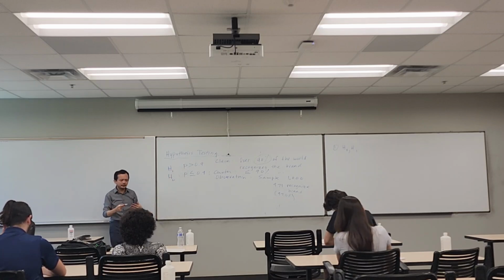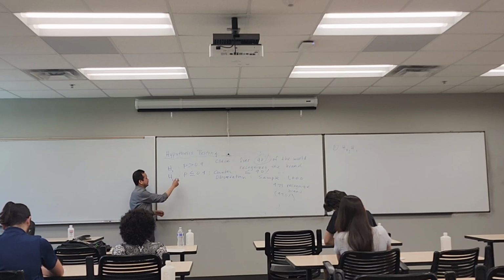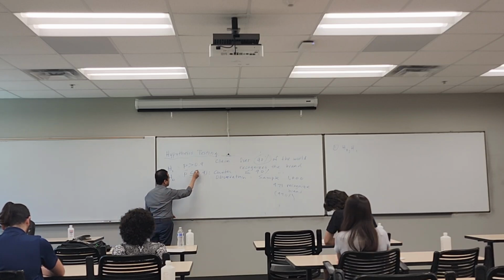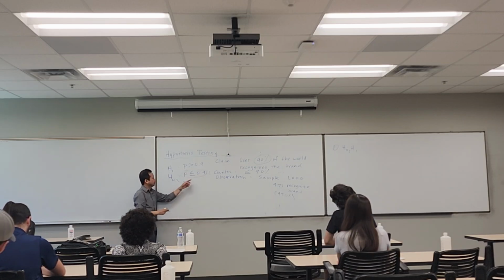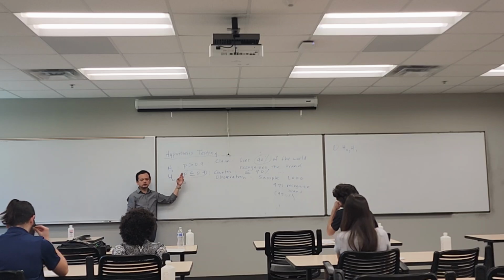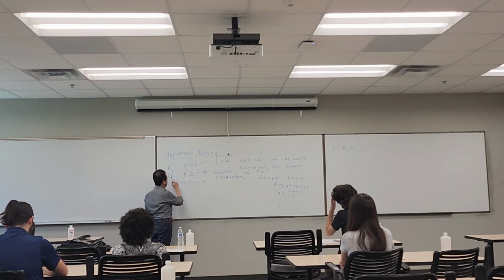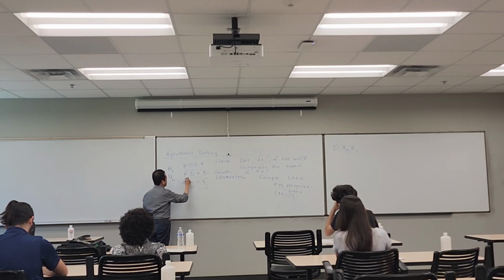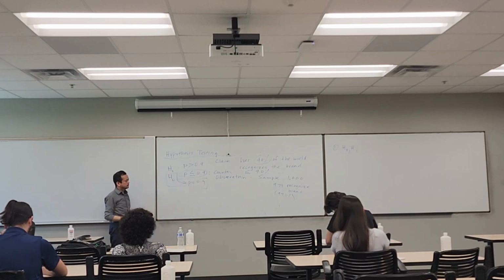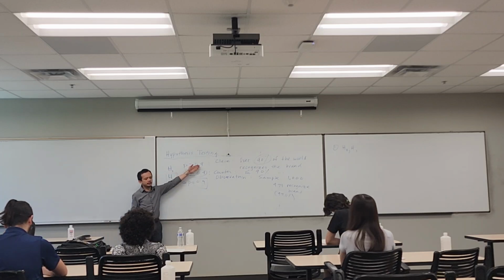But technically speaking, we said that H0 is only the equal sign, so you take this statement and remove everything except for the equal sign, so it'll just be p equals 0.9. So the null hypothesis itself is p equals 0.9. And then the alternative hypothesis is the entire other statement, which is p greater than 0.9.